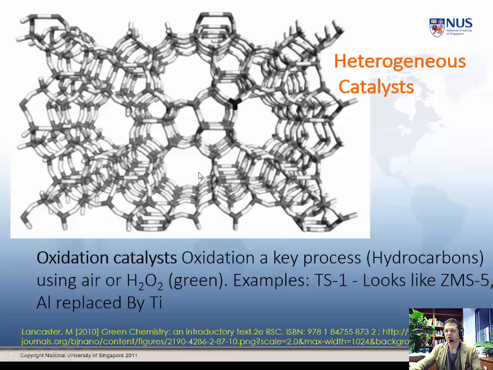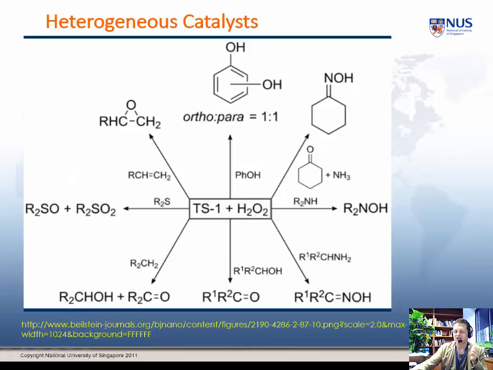It's a more rigid structure, but it's really, really good at catalyzing oxidation, particularly with hydrogen peroxide, because hydrogen peroxide is really quite an unstable substance in the presence of certain metals. Basically what this catalyst does is it produces sites so that the hydrogen peroxide destabilizes and then effects the various oxidations.